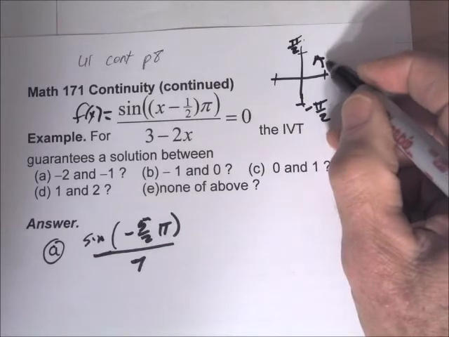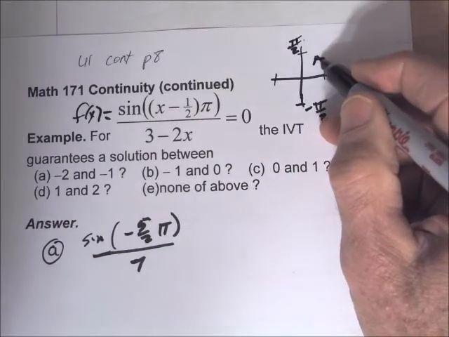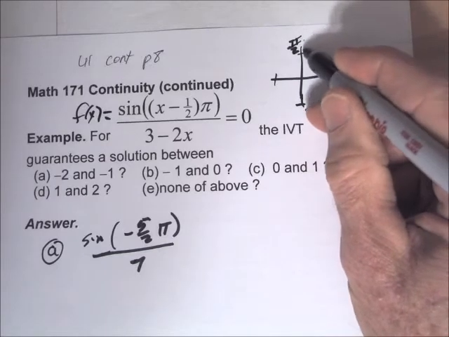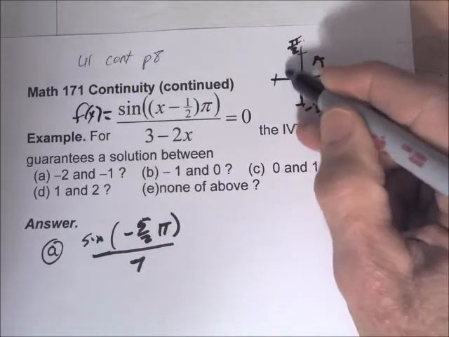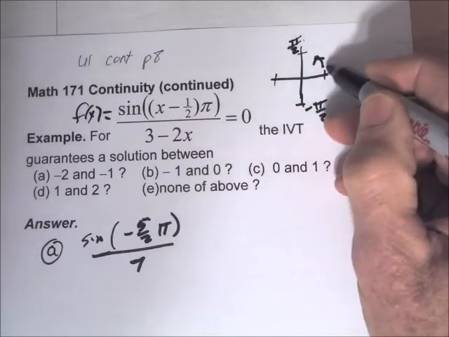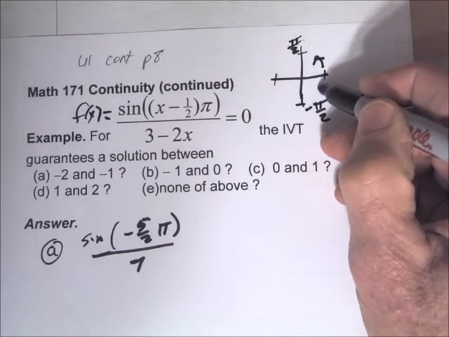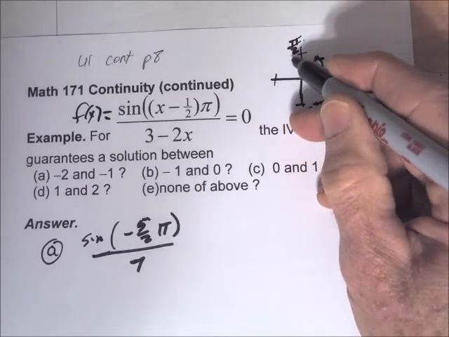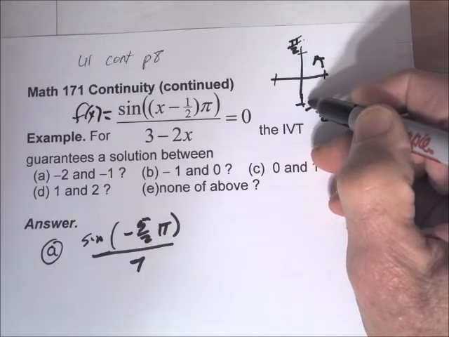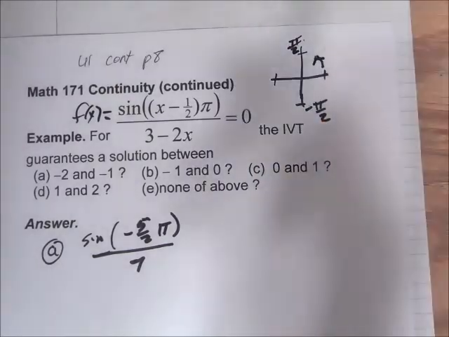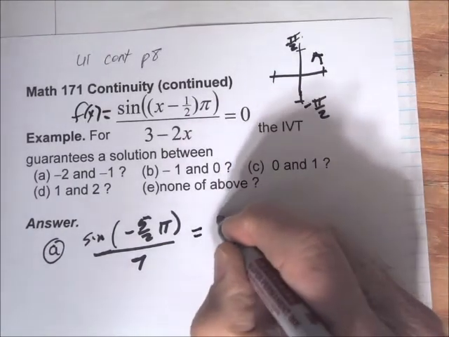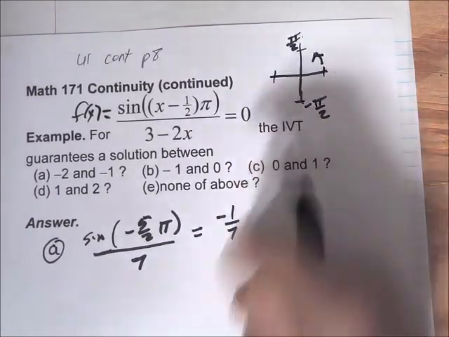So the angle is negative, so we want to go in the clockwise direction. We have the positive angles in the counterclockwise direction, and the negative angles in the clockwise direction. So we're going one complete circle and then another half. We land at minus pi over 2, and the y-coordinate at that point is -1, so it's going to be -1 over 7.